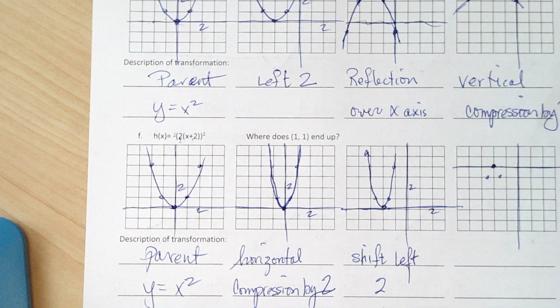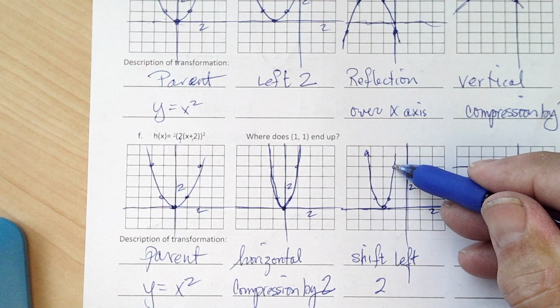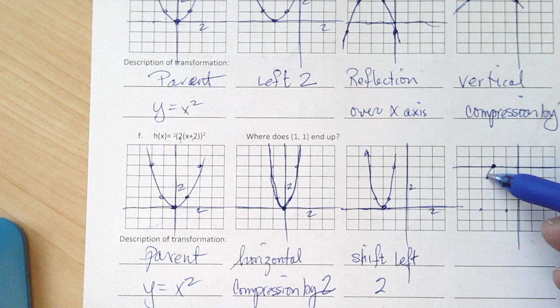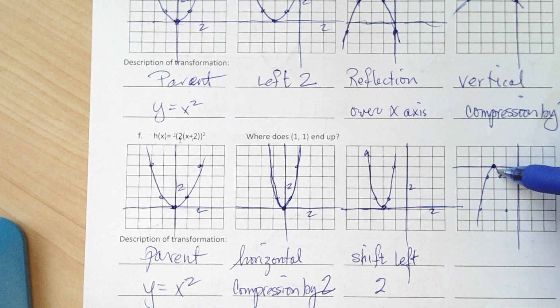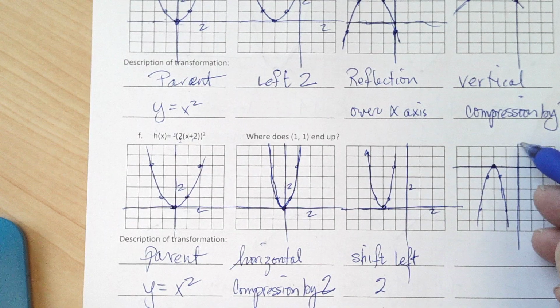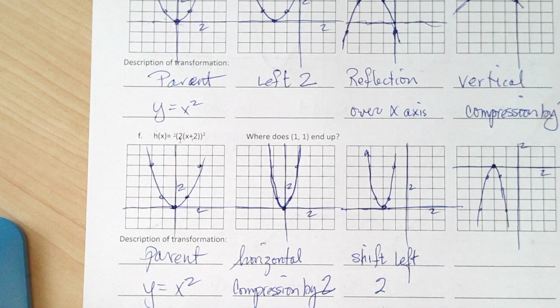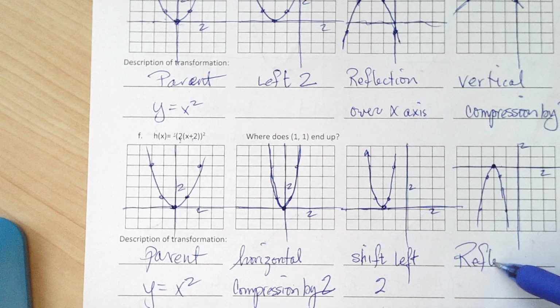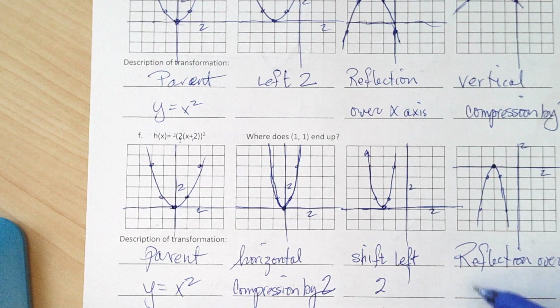And that goes down 1. And that was up 4 goes down 4. And my scale is 2, 2 there, and it's a reflection over the x-axis.